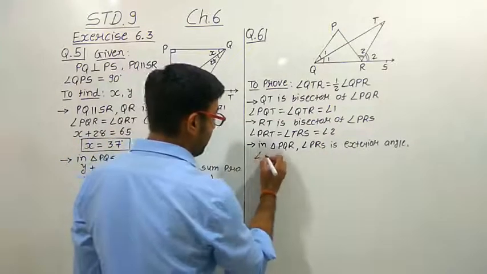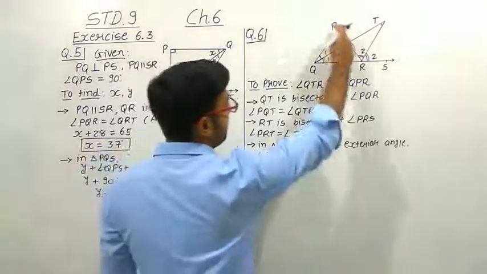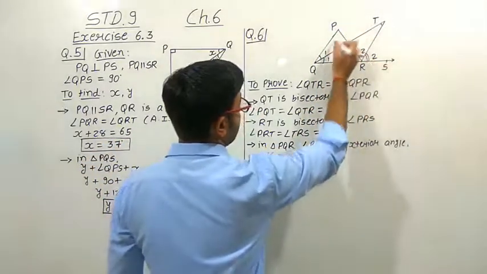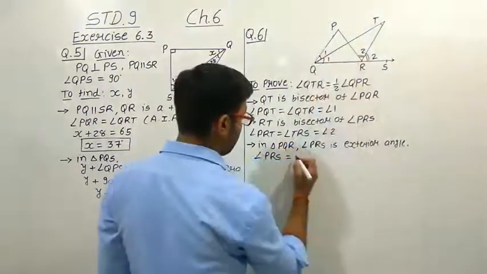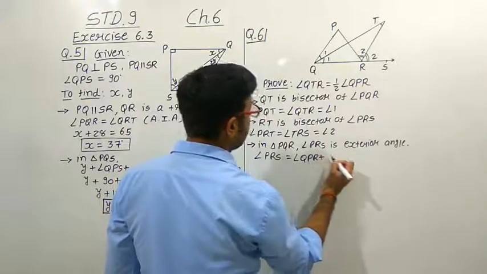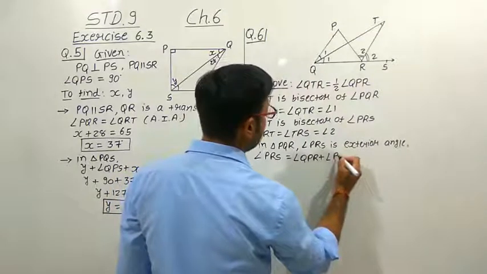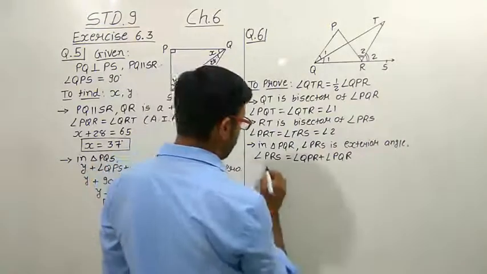According to the exterior angle property, we can write that angle PRS is the addition of the opposite two angles. That means angle QPR plus angle PQR.